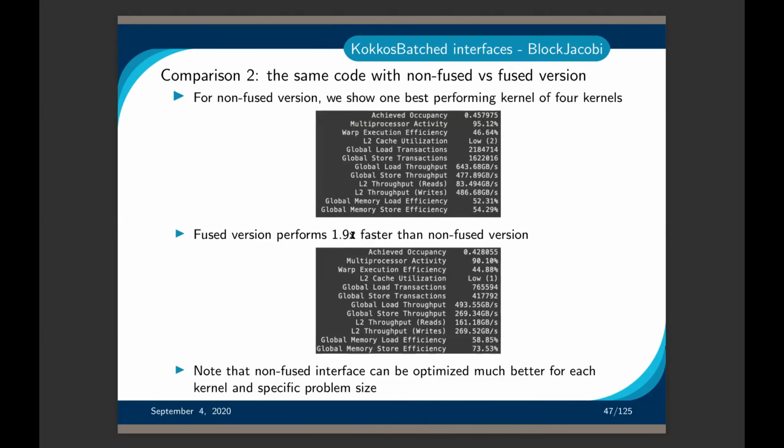But still, we are 1.9 times faster than the non-fused version because we are running this kernel 4 times. That means we need to pay 4 times more memory traffic.